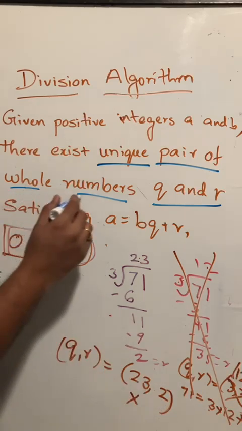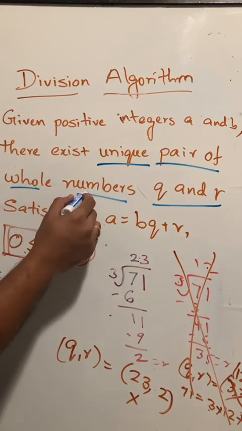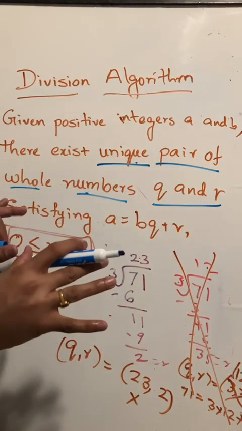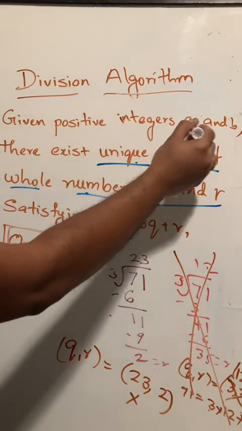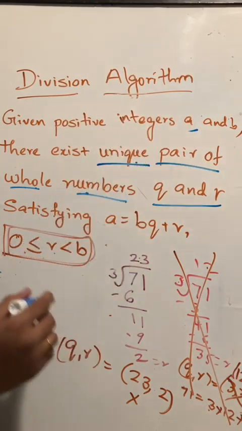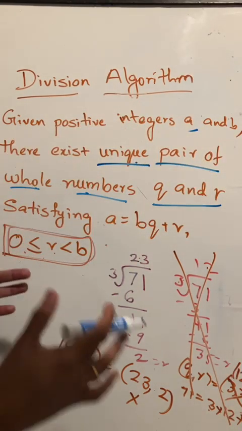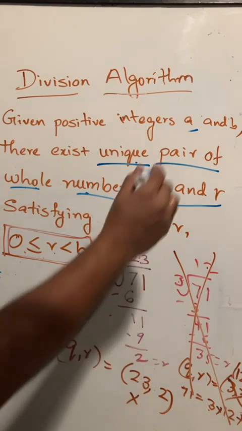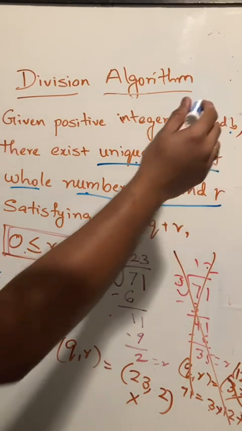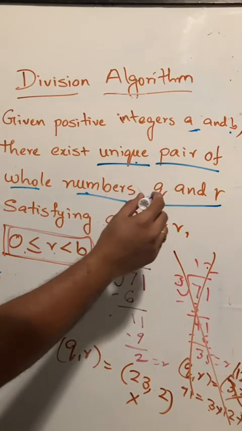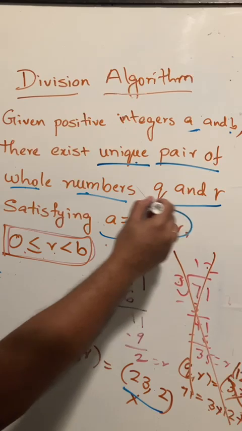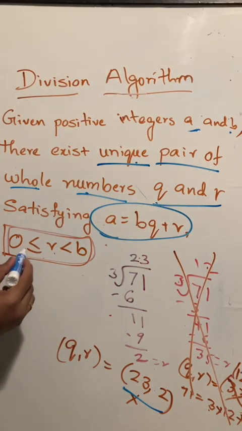That's the reason they put all these conditions: whole numbers only, and q and r a unique pair. And the given numbers are positive integers only. If you try different combinations, it may go wrong. But the algorithm says if a and b are positive, then we get a unique pair of q and r satisfying this condition.